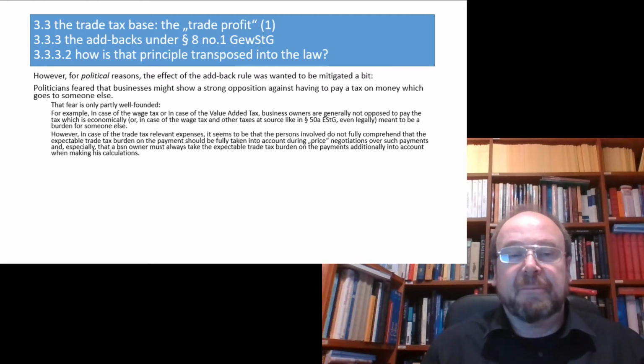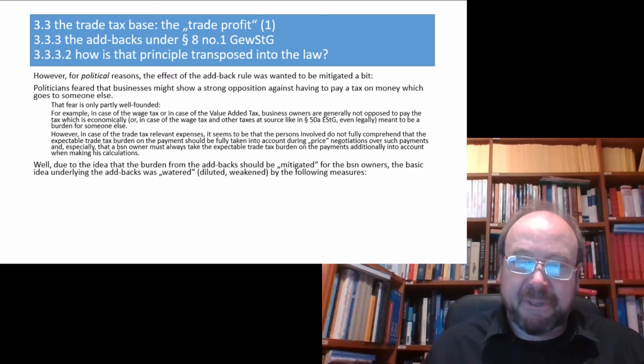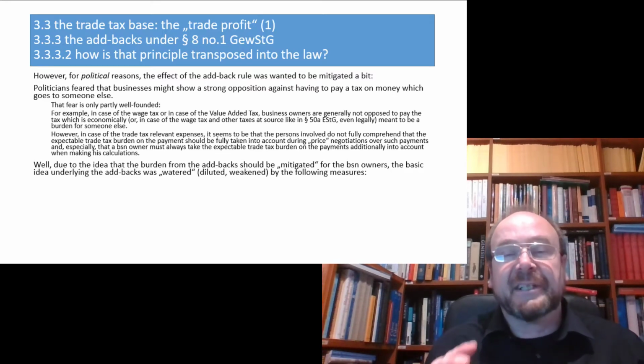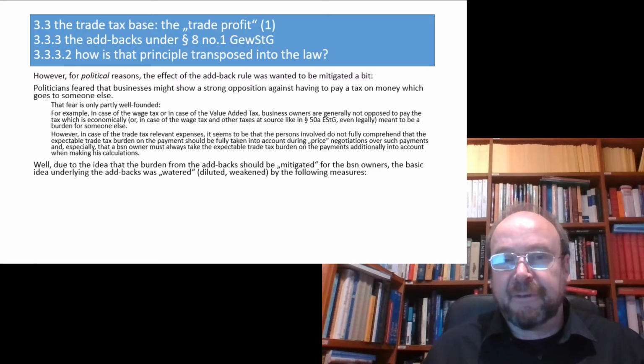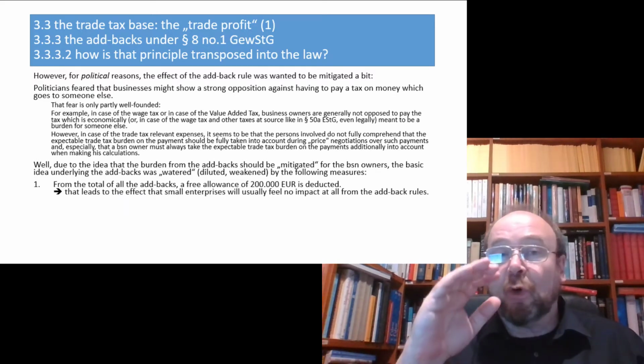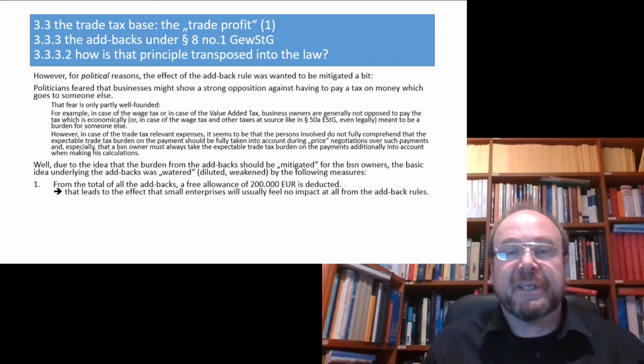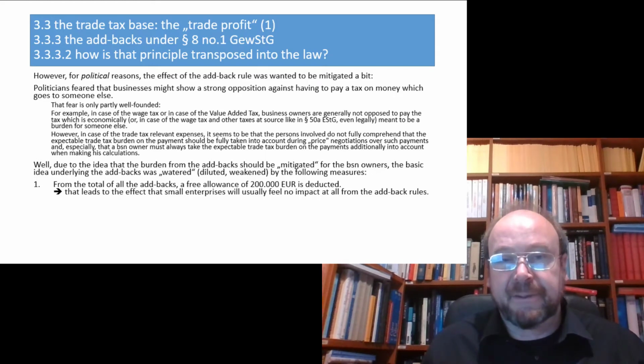Yeah. But now politicians, as I said, feared that a bit and wanted to mitigate the tax burden for the business owners. And so they watered down the basic idea a bit by the following measures. First, they said, well, from all the total of the add backs, you can deduct on the add backs under this number a free allowance of 200,000.